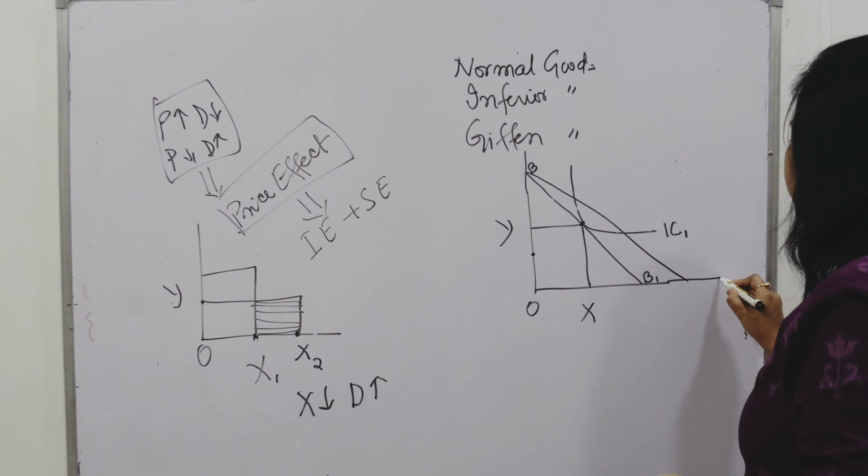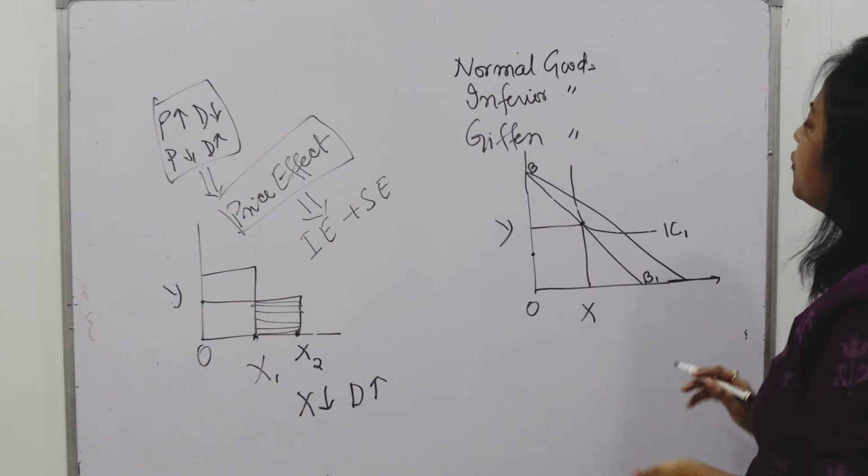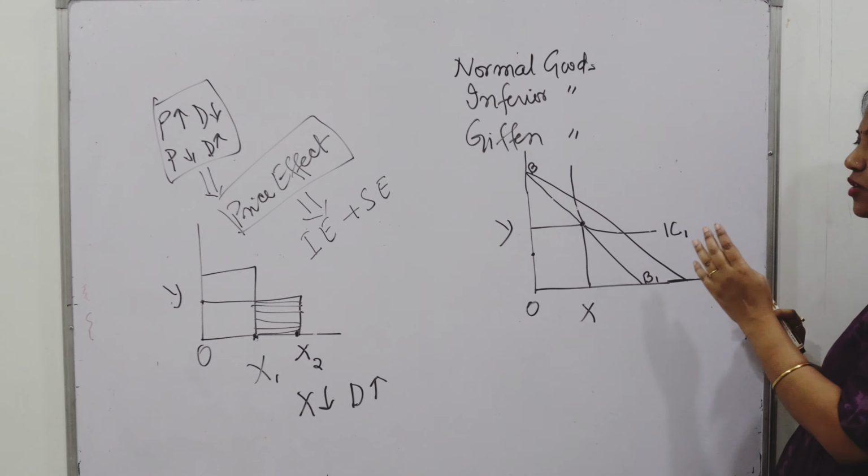Okay, my budget line will rotate this side. Now friends, I am saying rotate. Why am I saying rotate?